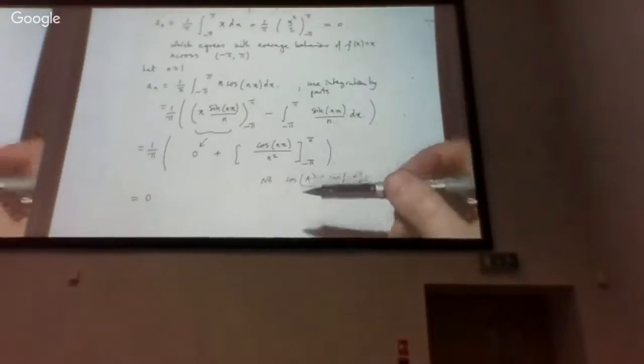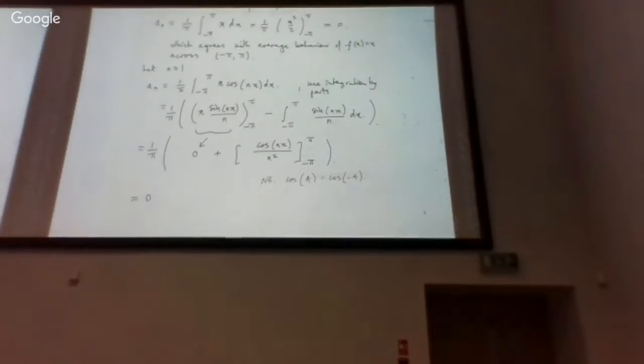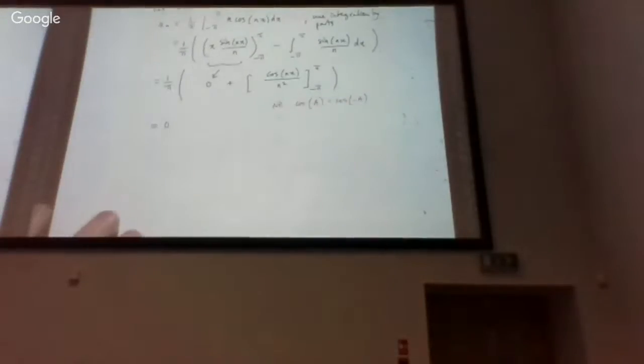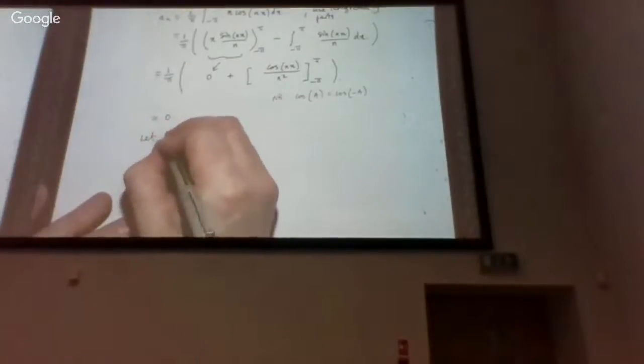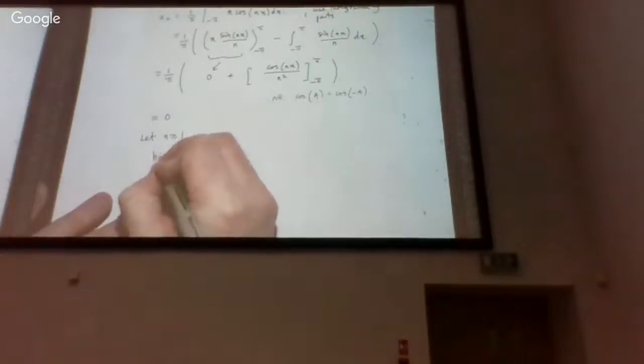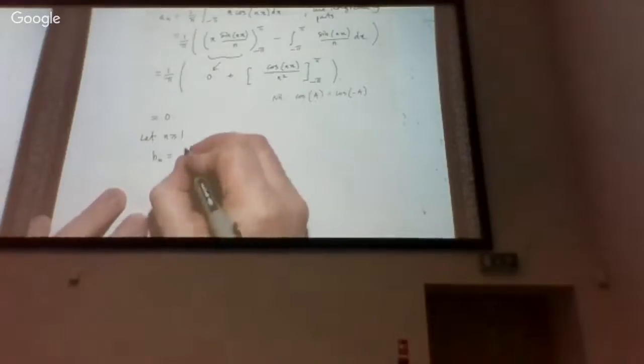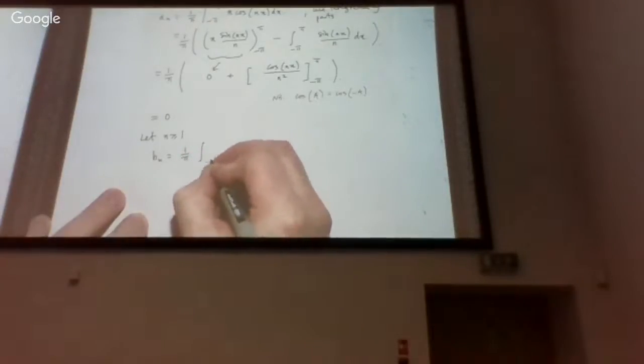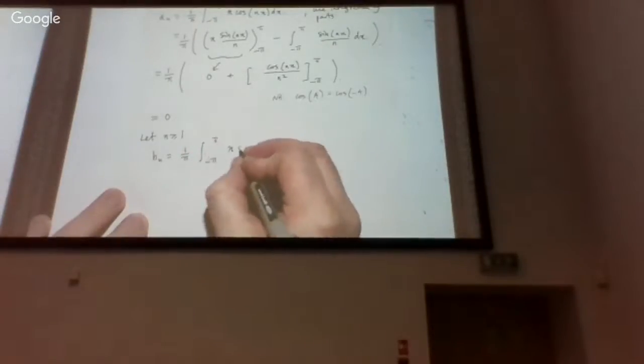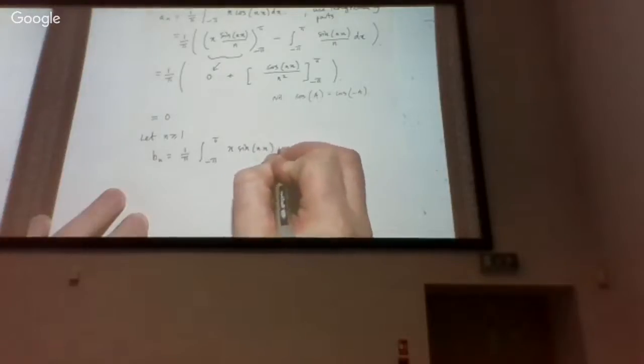Everybody clear on the integration there? Any clarification I could provide? Okay. So we go into the b_n's, and we'll be hoping to find something non-zero here. And it's going to be integration by parts again, isn't it?